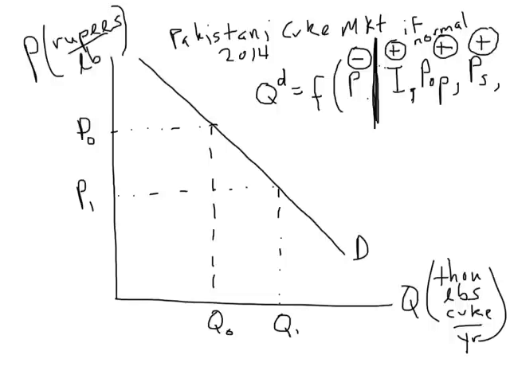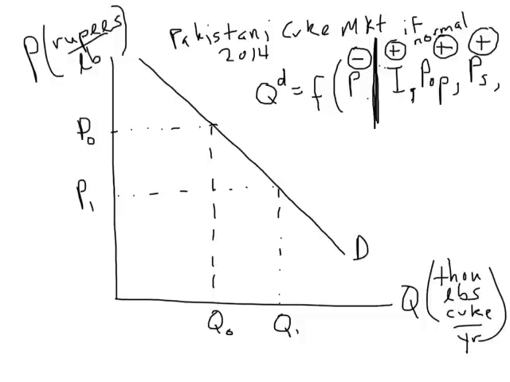If I'm either going to make a salad with radishes or with cucumbers, and suddenly the price of radishes goes up, well, then I'm going to be much more likely to want cucumbers in my salad just because it's less expensive relative to radishes. So there's a positive relationship between the price of substitutes and the quantity demanded.